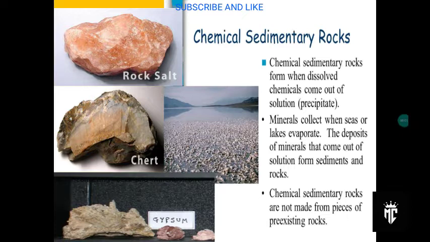Now, why is this type of rock mostly found there? Because the Dead Sea, as you may have heard, students, has a large amount of salinity. The level of salt content is more. The more the salt content, the more there will be remains of dissolved chemicals after the evaporation of water.